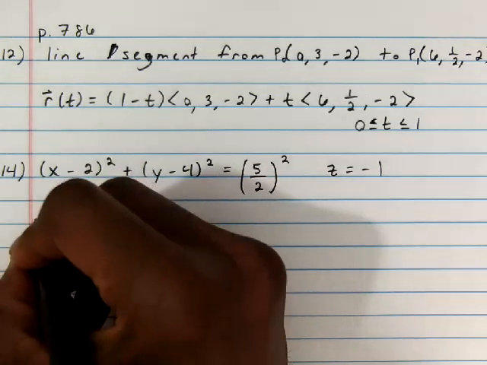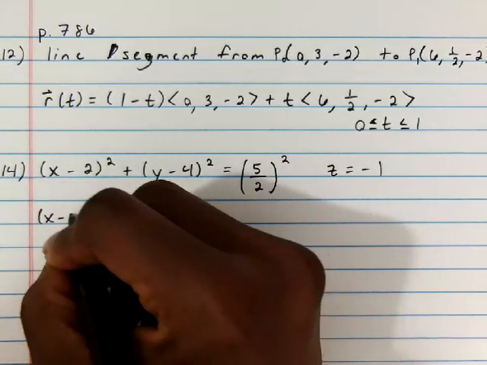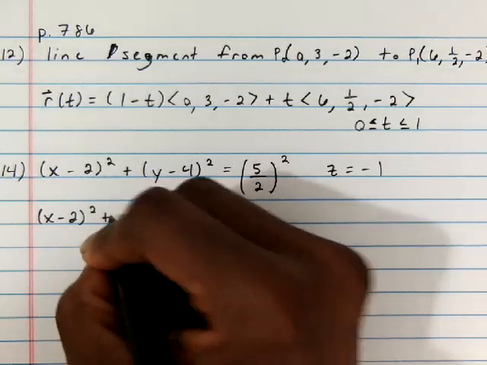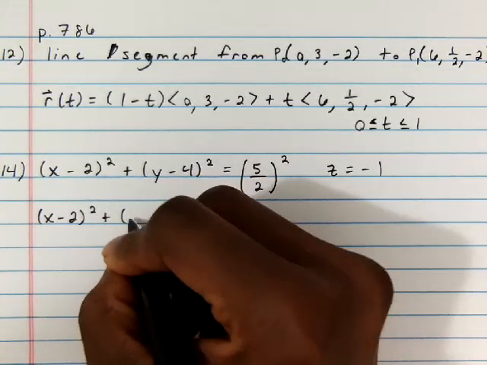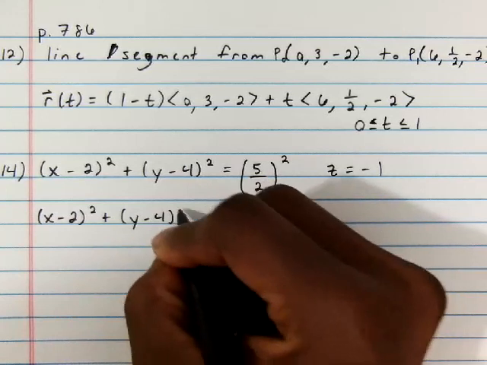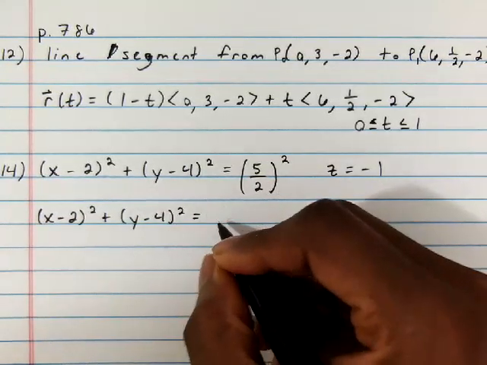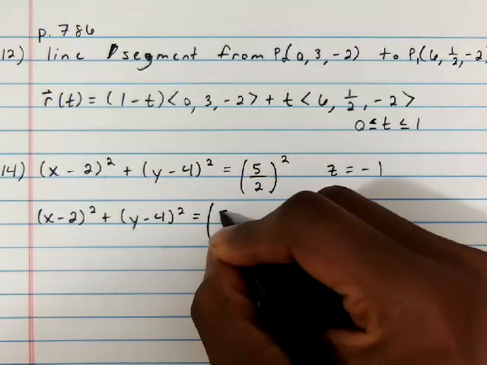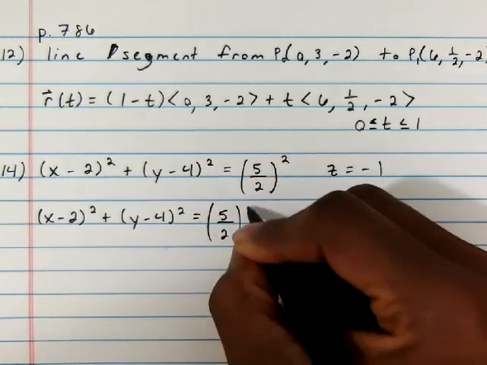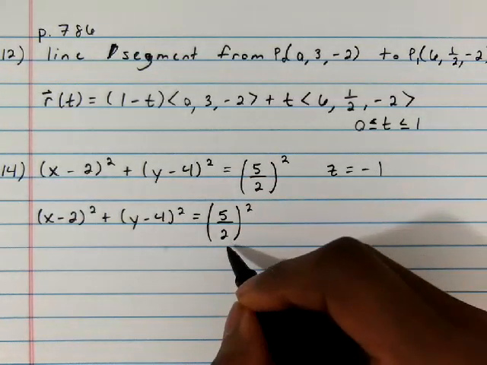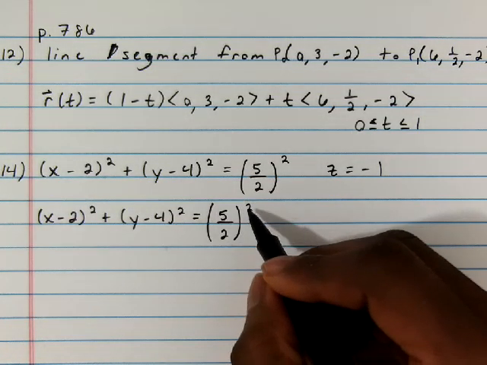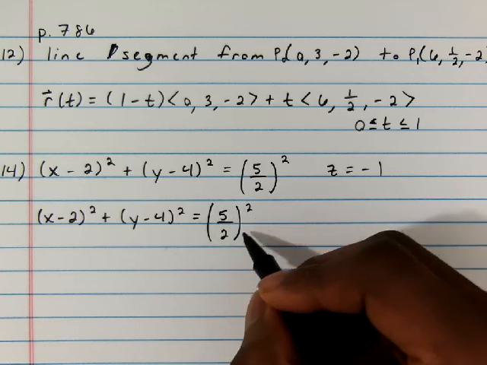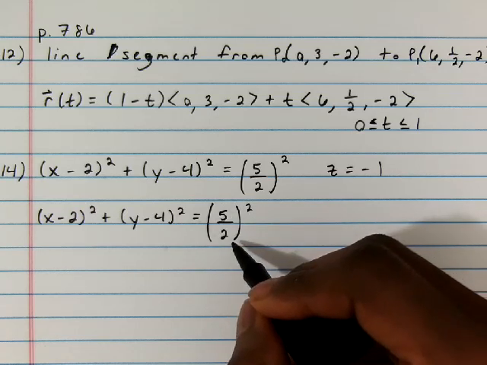So I'm just going to start by rewriting (x - 2) quantity squared plus (y - 4) quantity squared equals (5/2) squared.